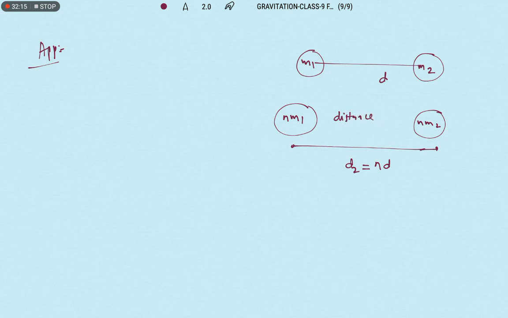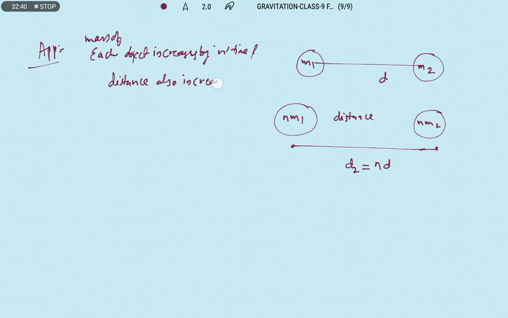So what they are doing here, simply the mass of each object increases by n times, and distance also increases by n times. Now let us see what happened.